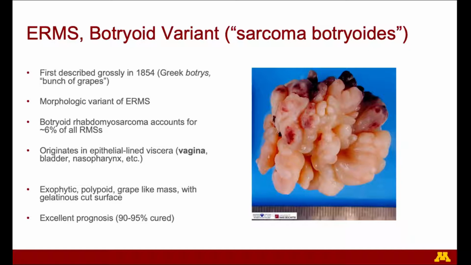It constitutes approximately 6% of all rhabdomyosarcomas, and this is the most common vaginal cancer in infants and young children. It can occur in epithelial-lined viscera, especially in the vagina, and can protrude through the vaginal introitus. It has an excellent prognosis after treatment with surgery, chemotherapy, and radiation, with a 90 to 95% cure rate.